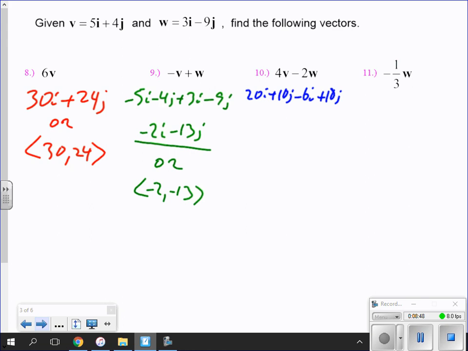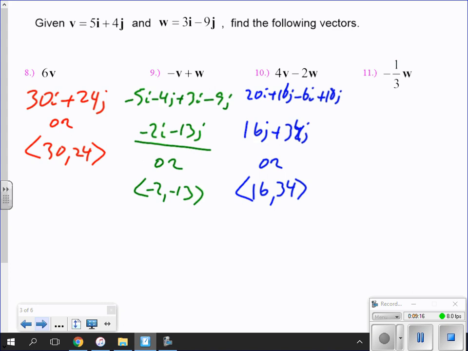So 20 minus 6 would give us 14i, and 16j plus 18j is 34j, so it would be this, or 14, 34. And the last one is actually fairly simple.